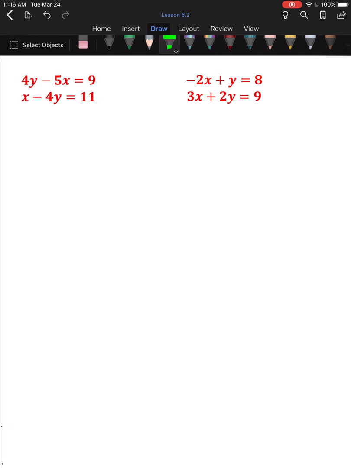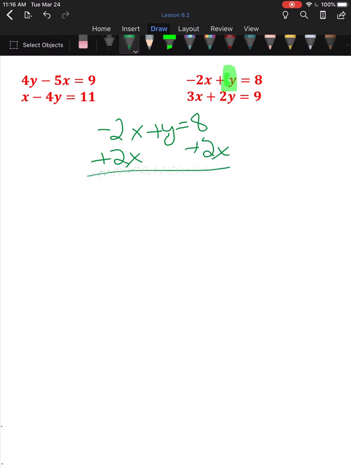I hope you said the y in the first equation because it has the coefficient of 1. So I'm going to take that first equation of negative 2x plus y equals 8. I'm going to add 2x to each side so that we get y is equal to 8 plus 2x.